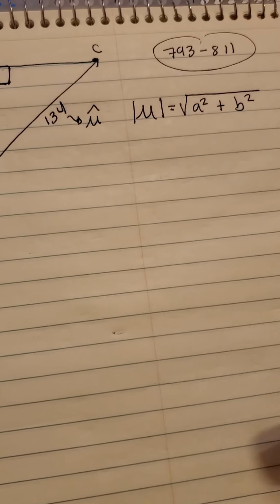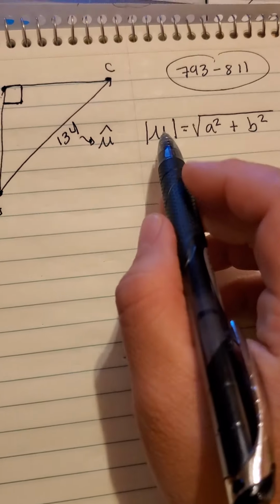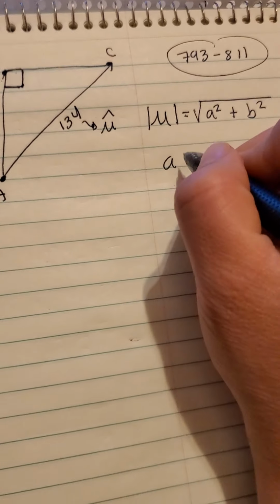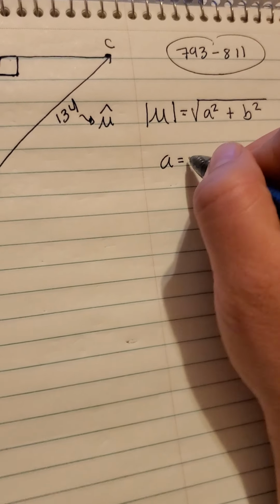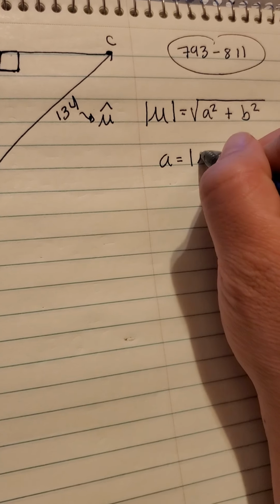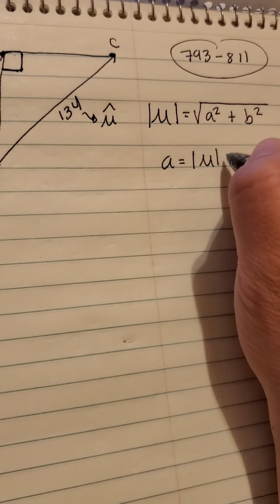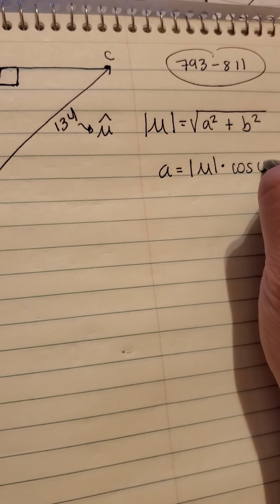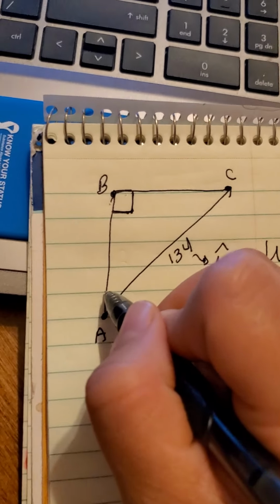And then we have some other formulas. Each one of the components is equal to the magnitude of the vector times cosine of the angle theta, which is the angle right here.